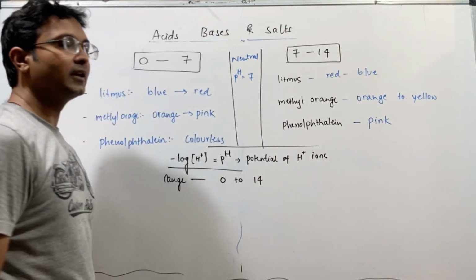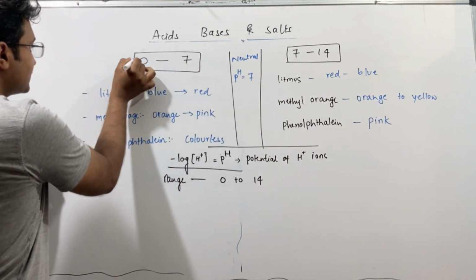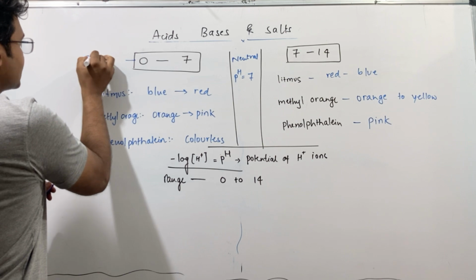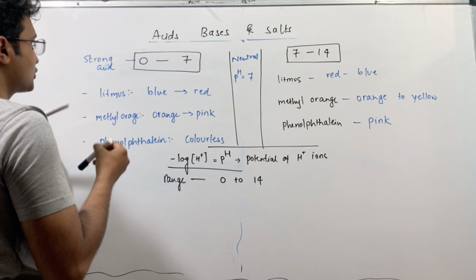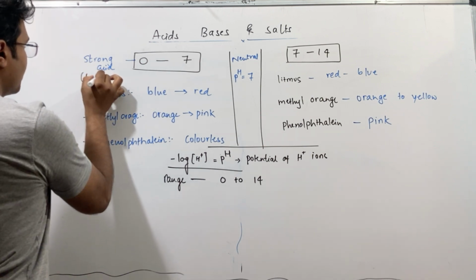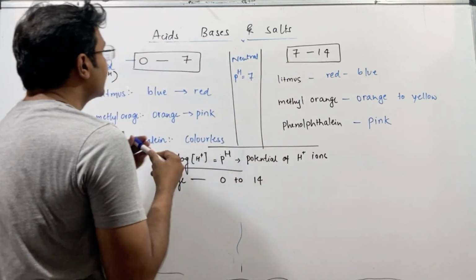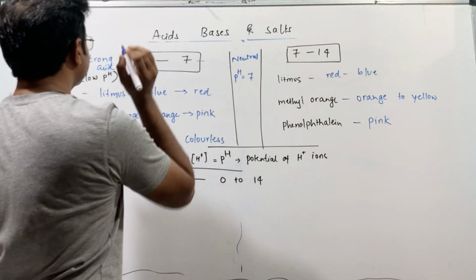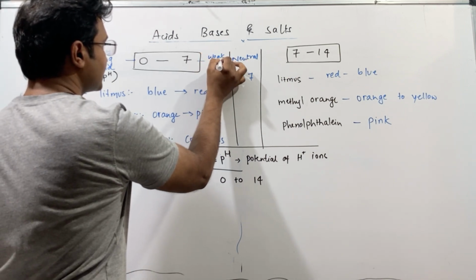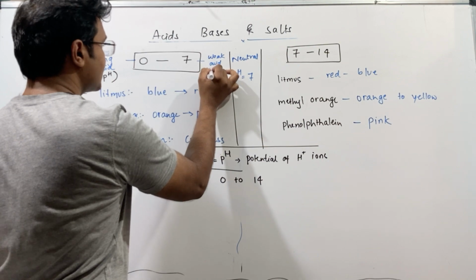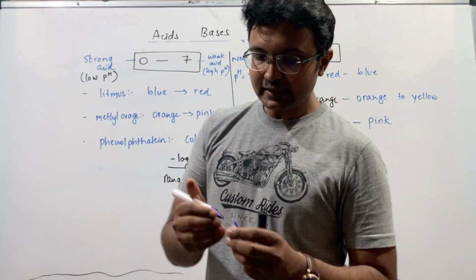As the pH decreases, it indicates strong acid. Strong acids have low pH value. As I move towards the neutral part, that means it is weak acid. Weak acids have high pH, but again, it is less than 7.